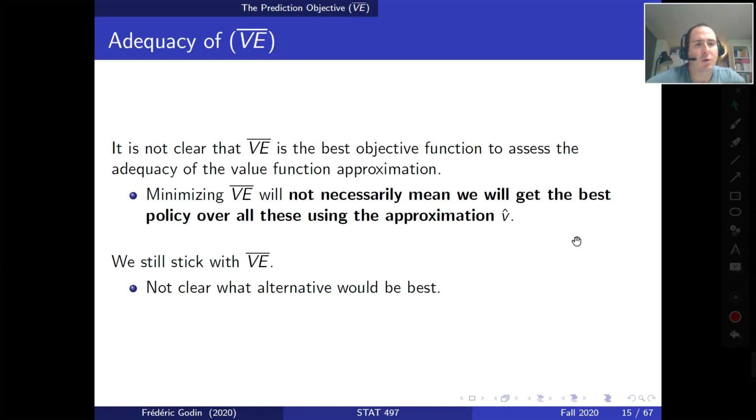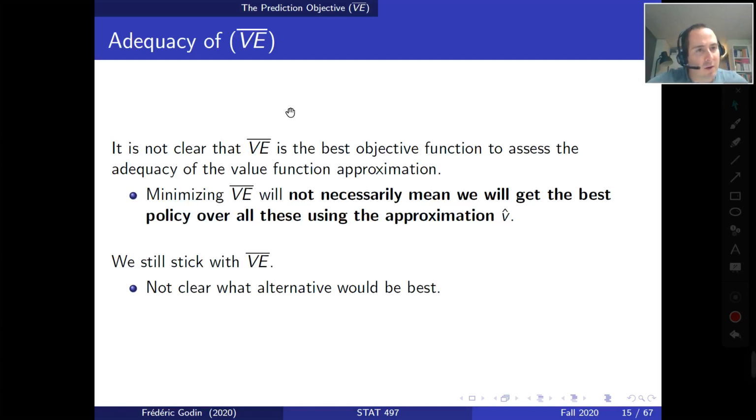You might have greedy policies with respect to your approximated value function that are suboptimal, in the sense that there might exist other policies whose true value function is higher than the one greedy with respect to your approximated value function. So from a theoretical standpoint, it's not clear this objective function VE bar is the best possible objective function to use in reinforcement learning problems with approximation.